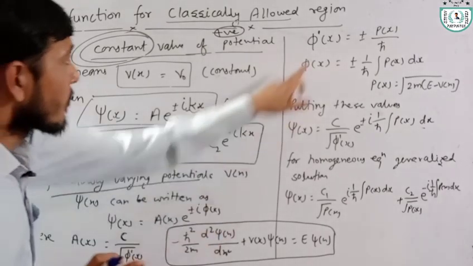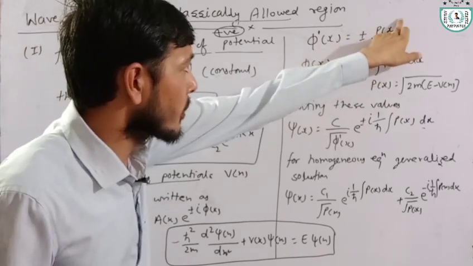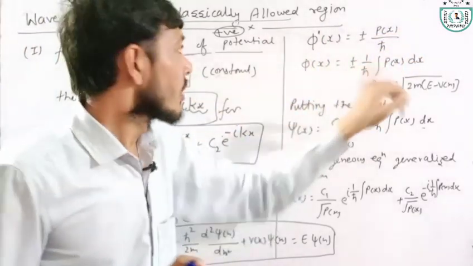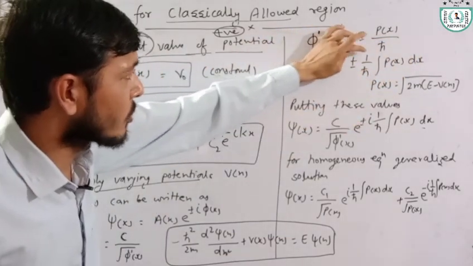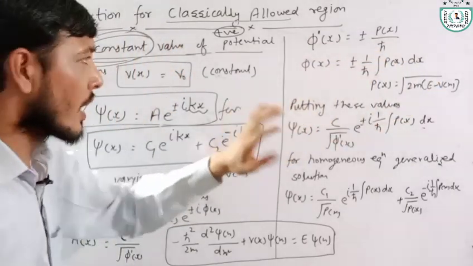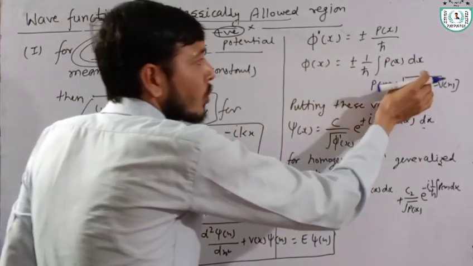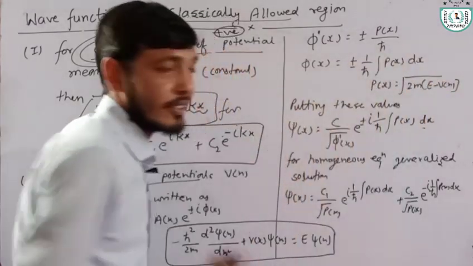And phi prime x is equal to plus minus p of x upon h cut. And phi of x is equal to plus minus 1 over h cut integration p of x dx, and p of x is equal to root 2m into E minus V of x.